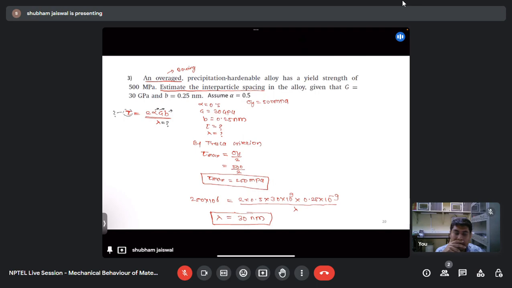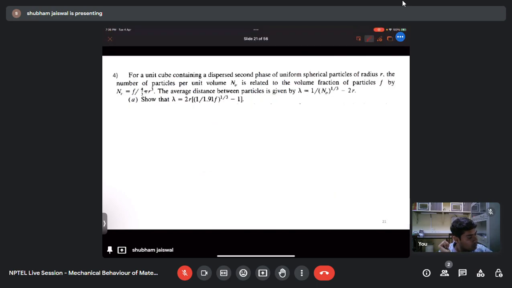So the question is like that. For a unit cube containing a dispersed second phase of uniform spherical particles of radius r, the number of particles per unit volume, that is NV, is related to the volume fraction of particles F by NV equal to F upon 4 by 3 pi r cube.